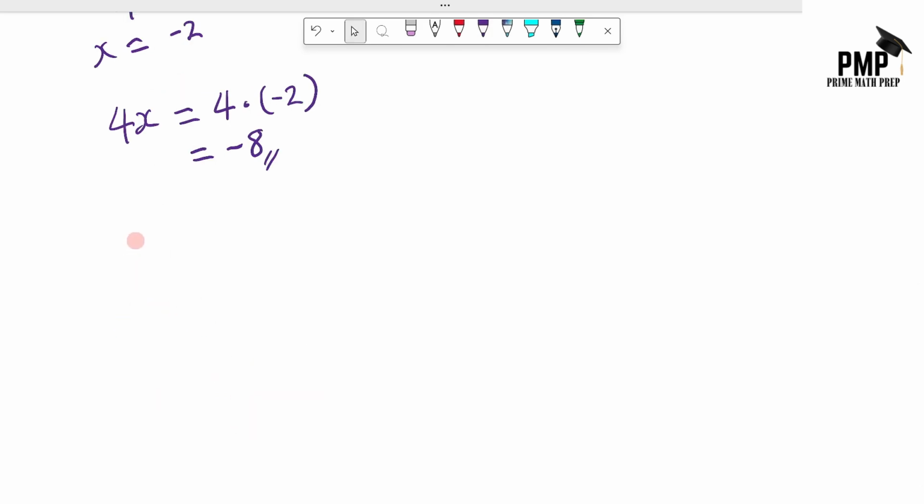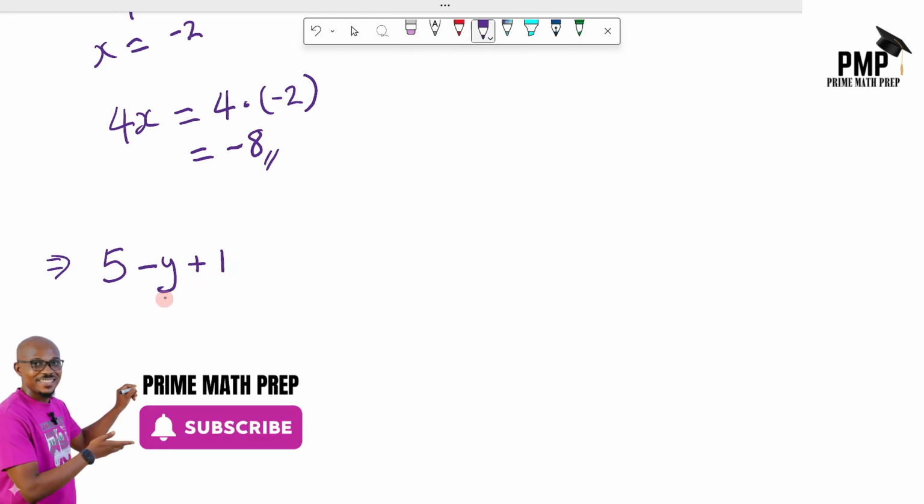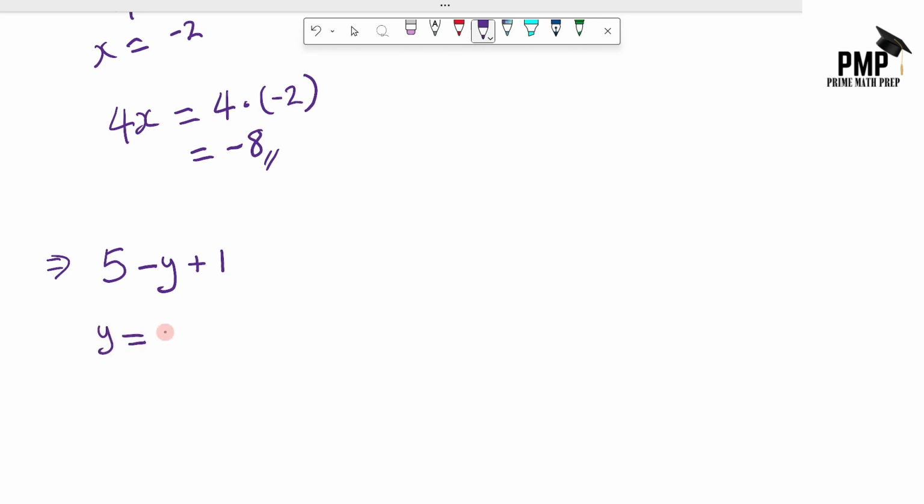Algebraic expressions also can come in form of addition and subtraction. In this case, let's look at another example. If you are given 5 minus y plus 1, the variable in this case is y. And if you are told that y should be 9, that means we should substitute the value 9 and replace y with it.